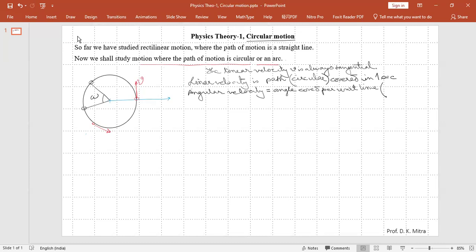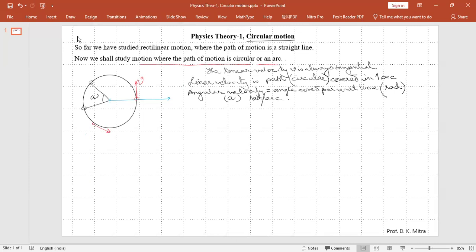Now this angle is always in radian. You must remember that in circular motion, all these angle measurements are in radian, and angular velocity omega is in radian per second.